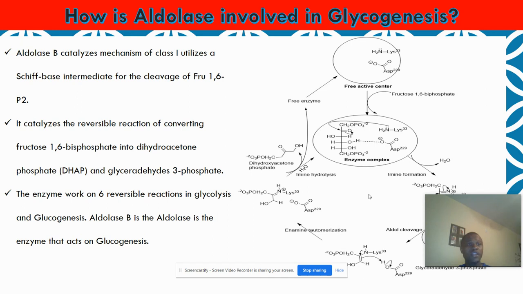And that takes place in the liver. The enzyme works on a reversible reaction in glycolysis and gluconeogenesis. Aldolase B is the enzyme that catalyzes gluconeogenesis. So aldolase B plays a very big role in gluconeogenesis in the liver.